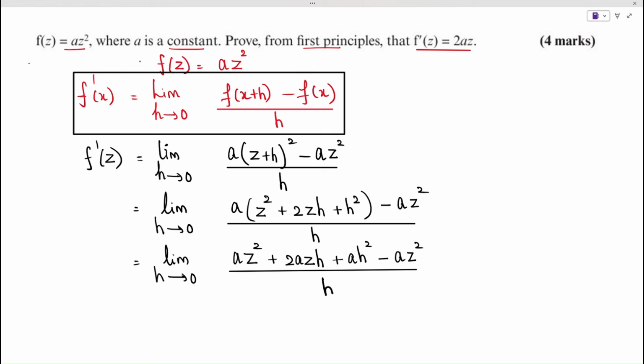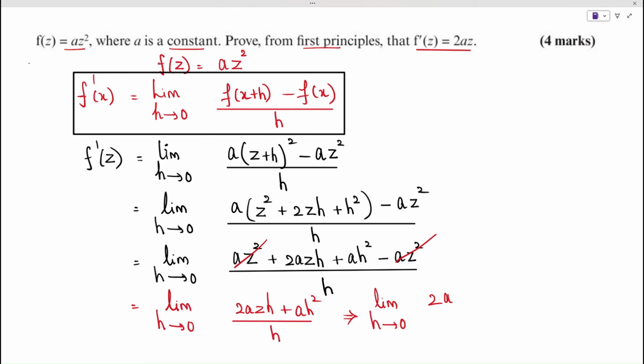Now we cancel out our az squareds, and we're left with lim as h tends to 0, 2azh plus ah squared all over h. And now we can cancel out our h's. So lim h tends to 0, 2az plus ah.